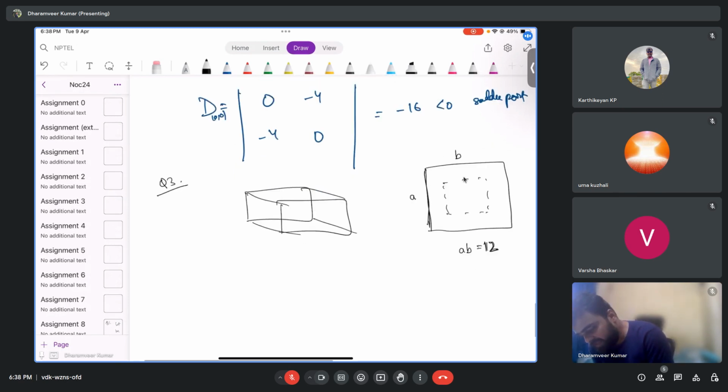Let's see what it means. Yeah, no, I don't think so. You don't have to fold it.